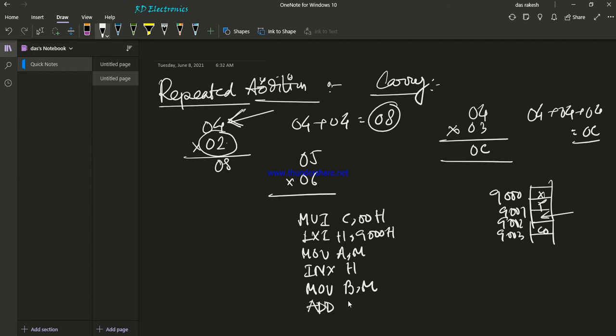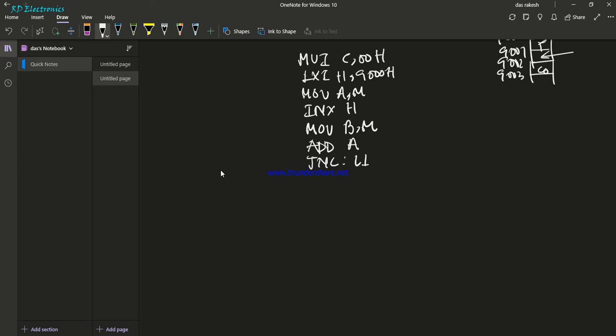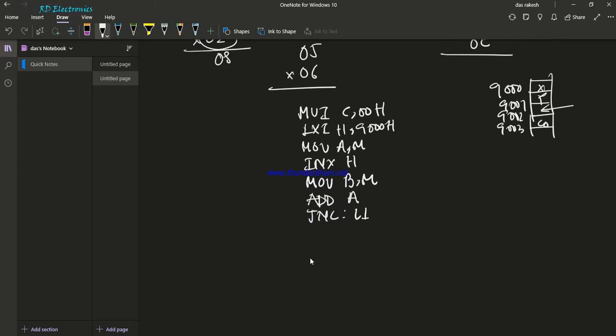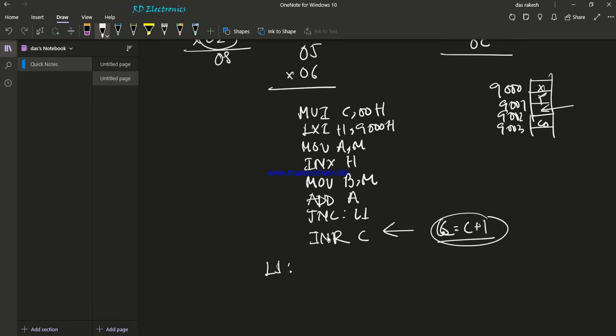Add accumulator with itself, and after every addition we check jump if no carry. This is very important. If jump if no carry is false, then we increment C, that is C equals C plus 1, the carry generation.